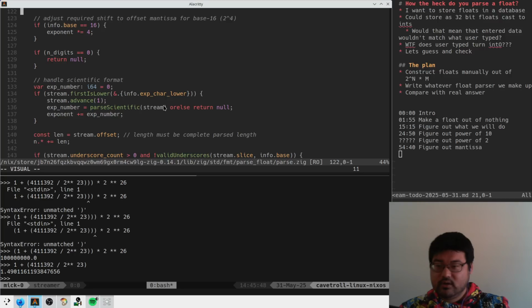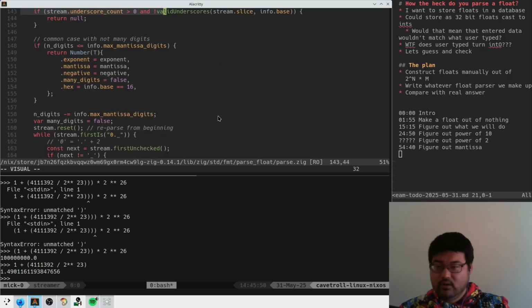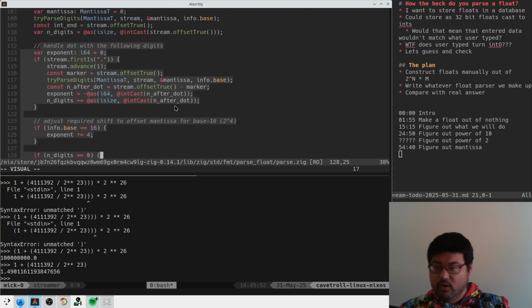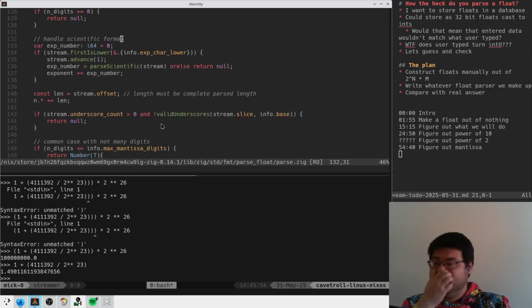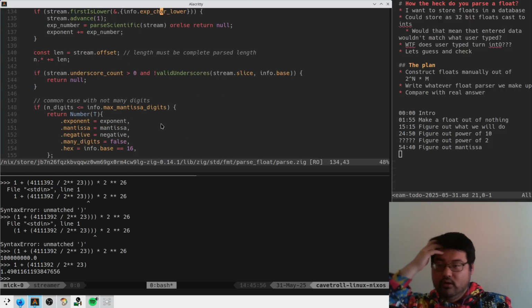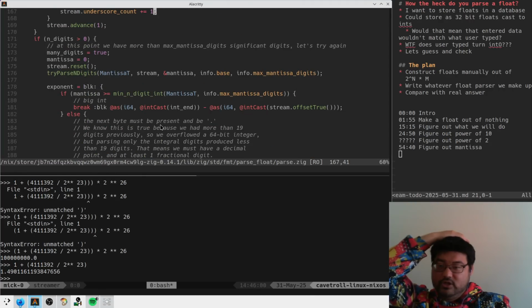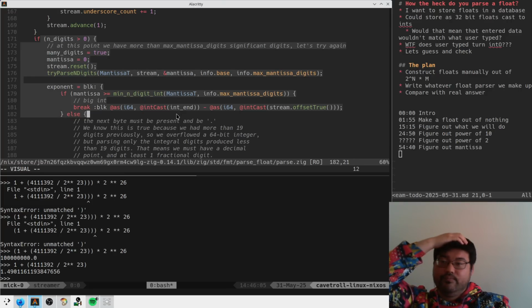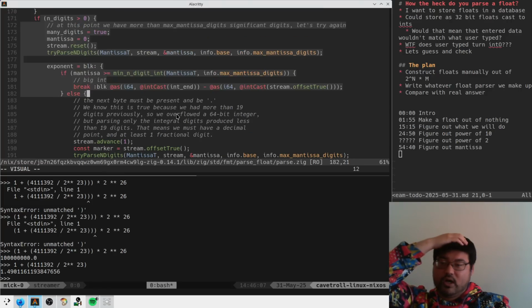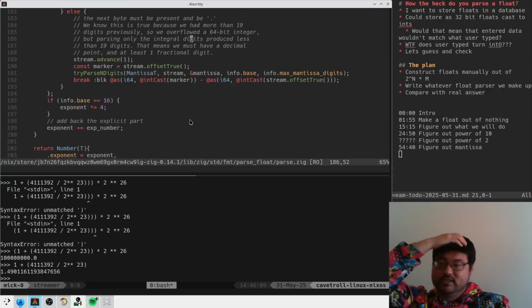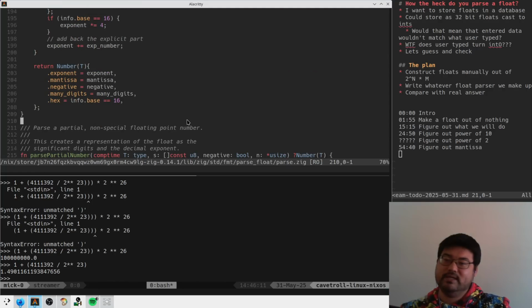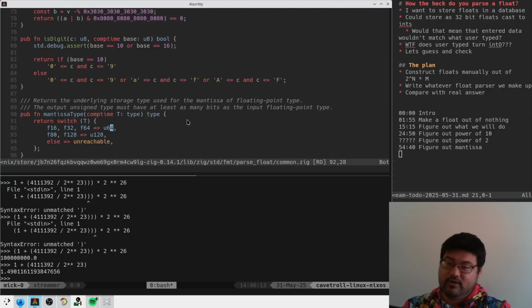And then what? So they find the number in base 10. Then they're handling too many digits and stuff. Holy shit, there's a lot of stuff. Then they're like, okay, we had too many digits. But all of this is still base 10, I think.